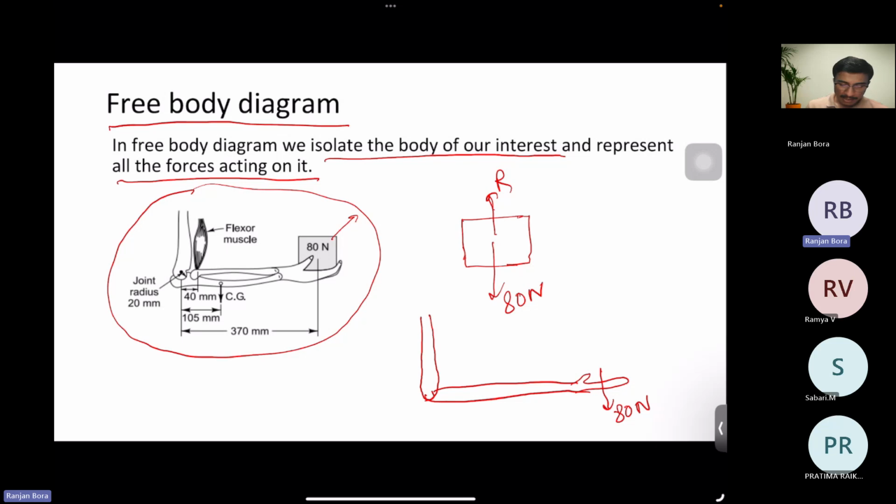And at the CG, there is one force, which is the weight of this hand, W. Then since there is one flexor muscle, there will be one muscle force, Fm. Then since there is one joint, there will be one reaction force in the joint, which will be Fj. So this is the free body diagram for this hand.